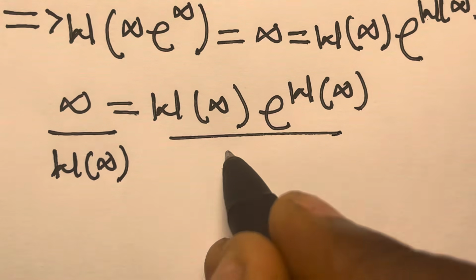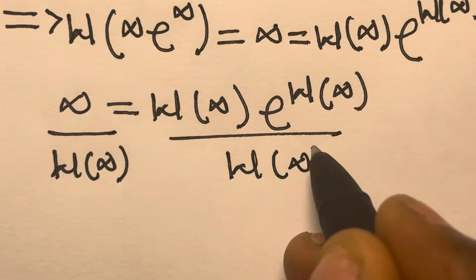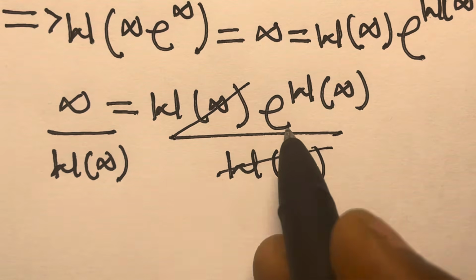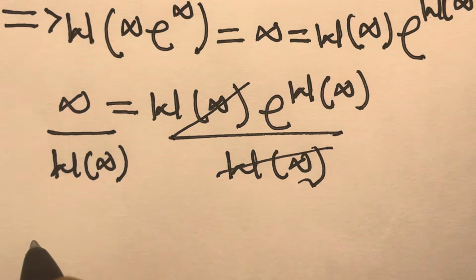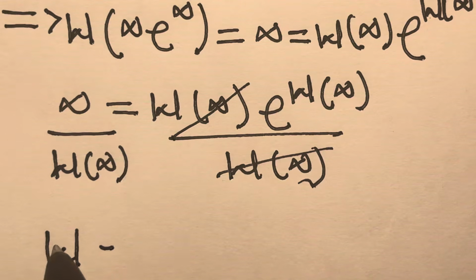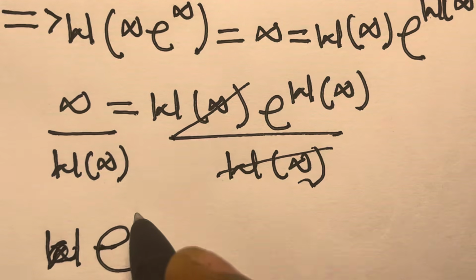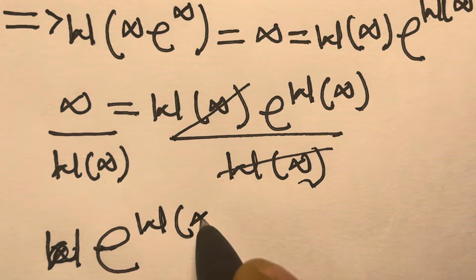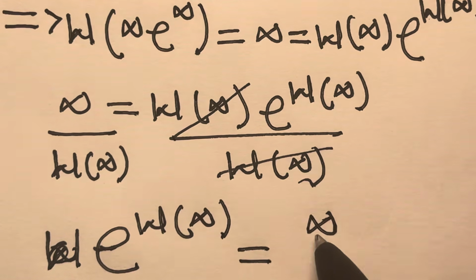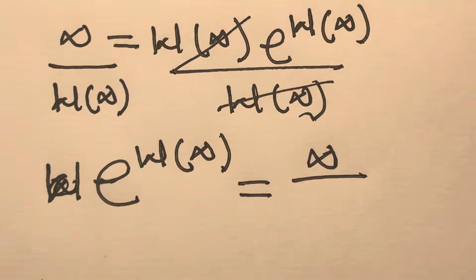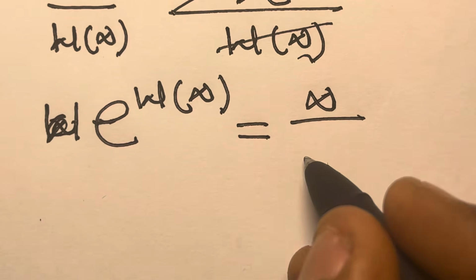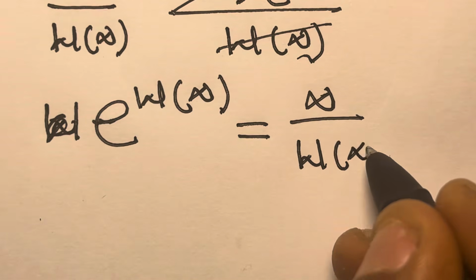So we know this cancels this, so we have exponential of the Lambert function of infinity equals infinity divided by the Lambert function of infinity.